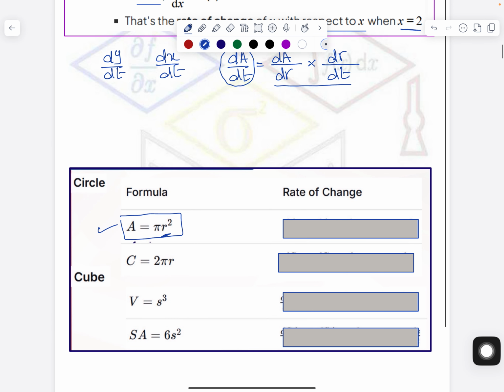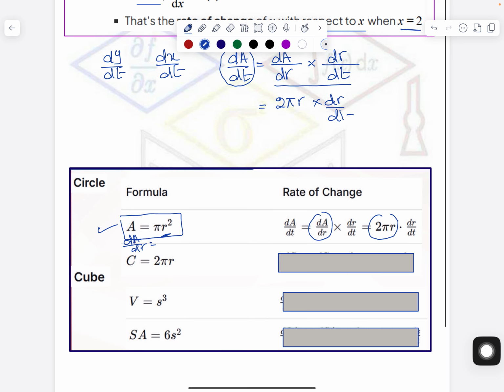Here I have shown the rate of change so that you have an idea. This is your dA over dr. In this equation, the differentiation of A with respect to r will be 2 pi r, so I can write 2 pi r into dr over dt.